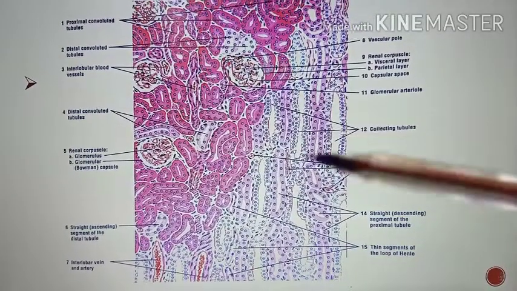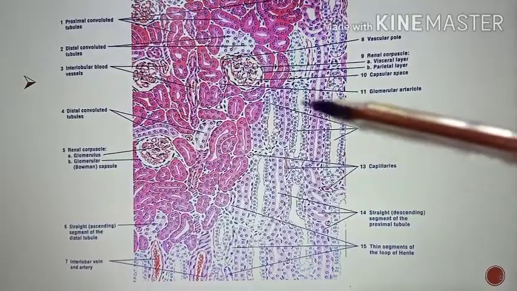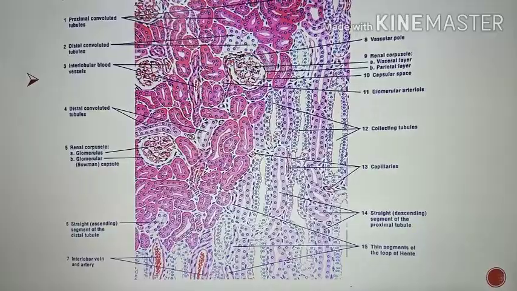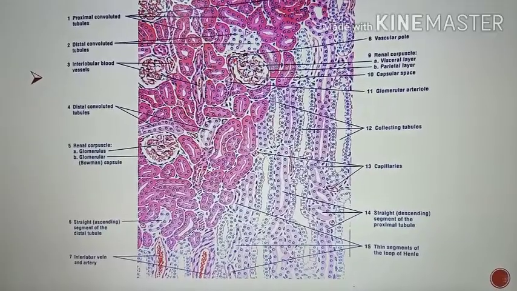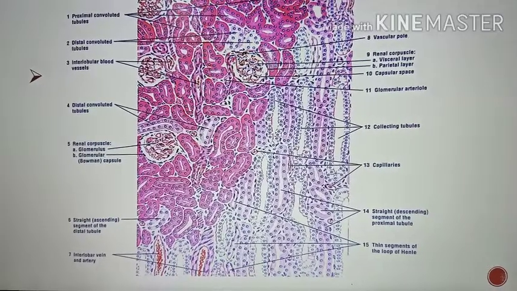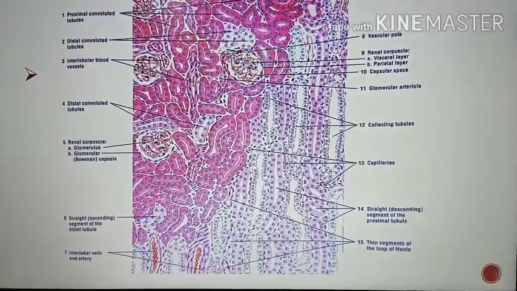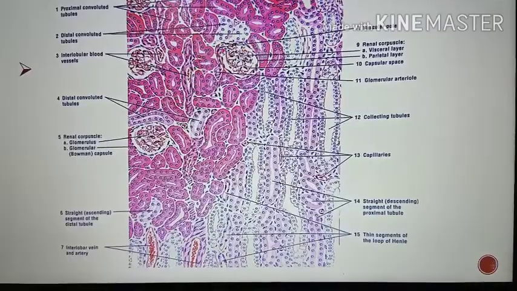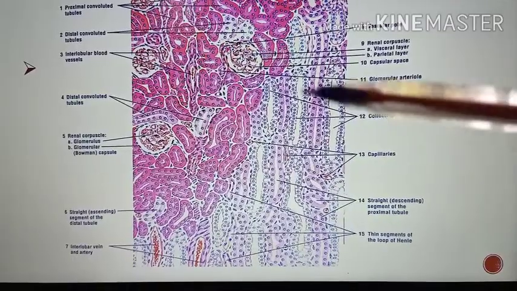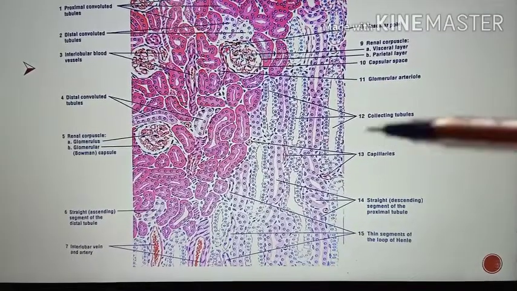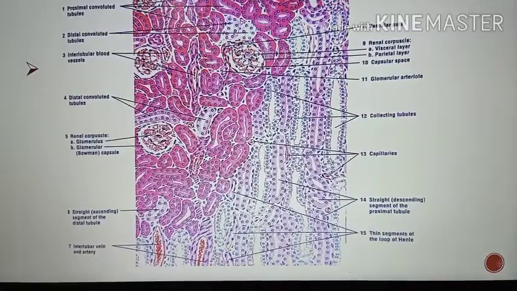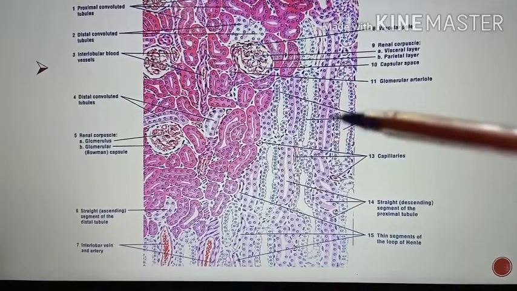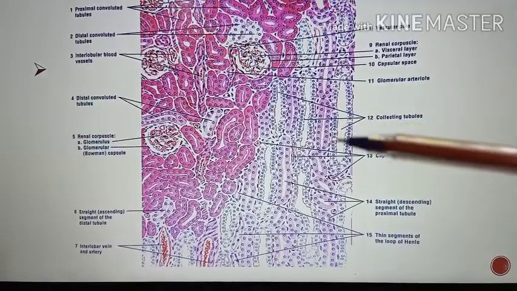The smallest collecting tubules are around 40 to 50 micrometers in diameter and the largest measure up to 200 micrometers. The collecting tubule has a large lumen, and they also do not have microvilli or a brush border towards the lumen.